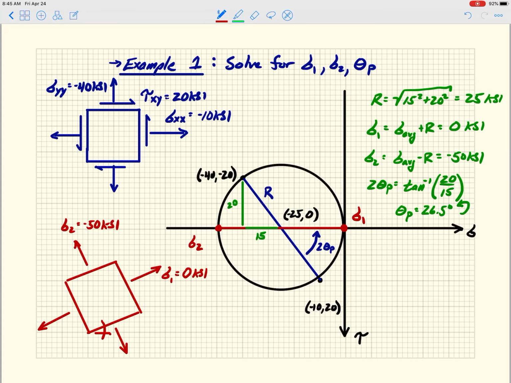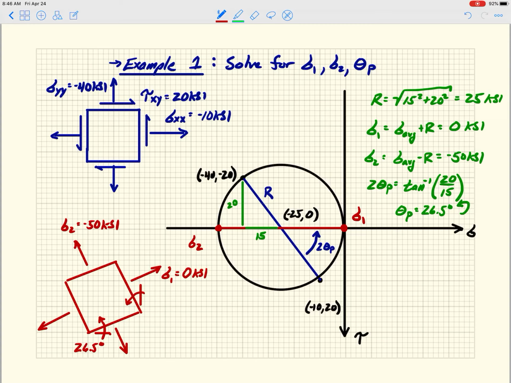And we also know that the angle that we've rotated it is 26.5 degrees. That, by the way, is also equal to this angle. If this is a square and I rotated it, every side rotates that amount.